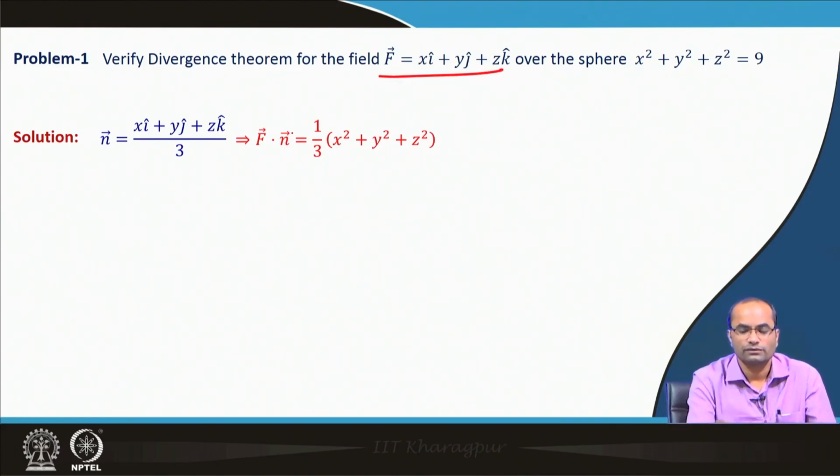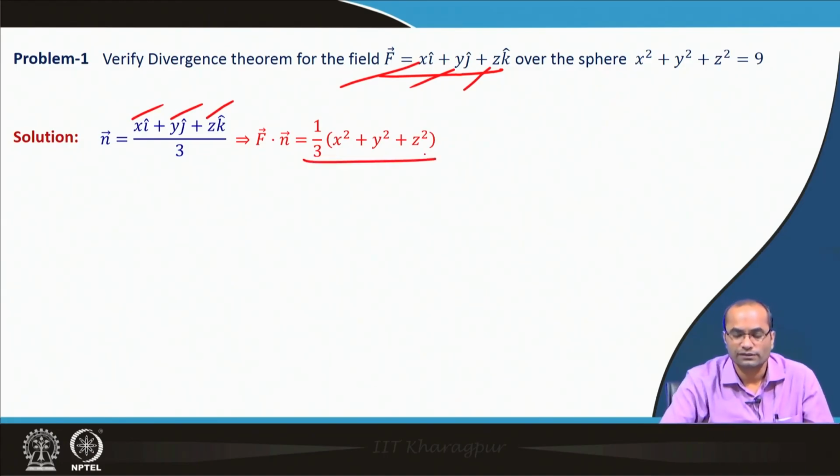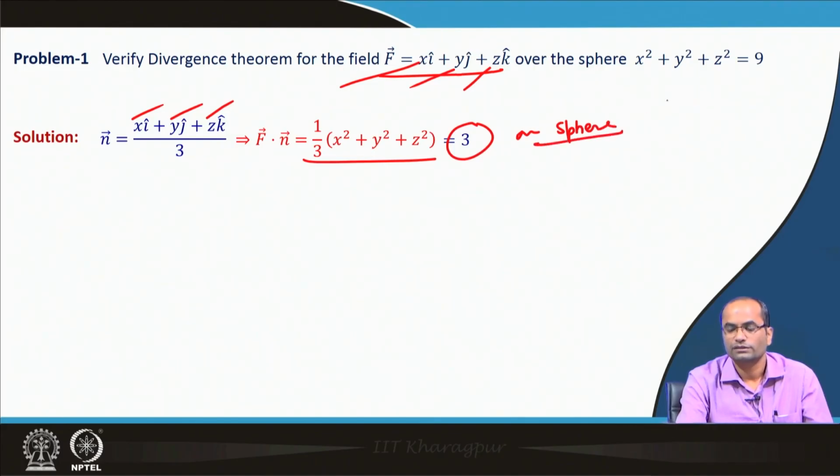So, f dot n. f is given as x i, y j, z k, and the dot product with this n will give 1 by 3, then we have x square, y square and z square, which is 3 on this surface, on this sphere, because on the surface x square plus y square plus z square is 9.